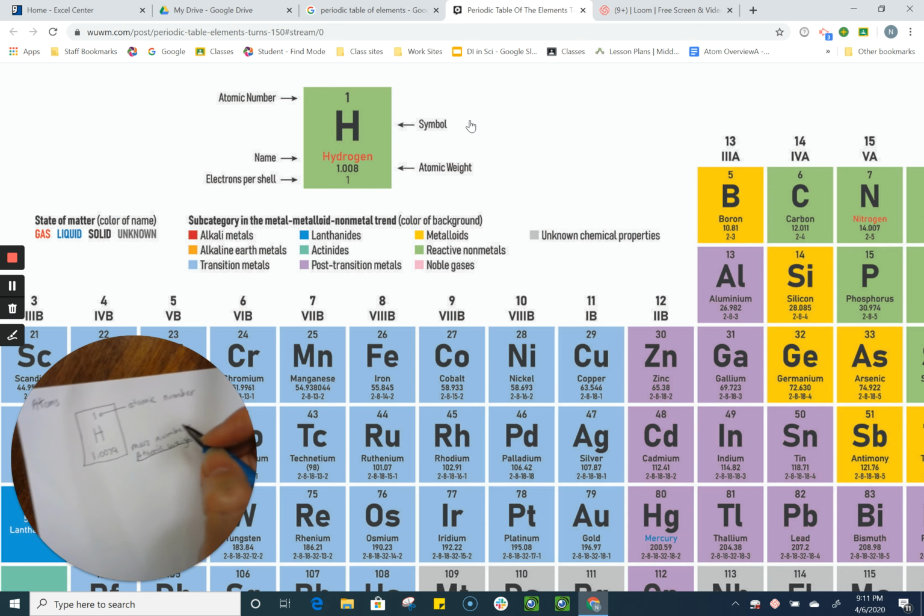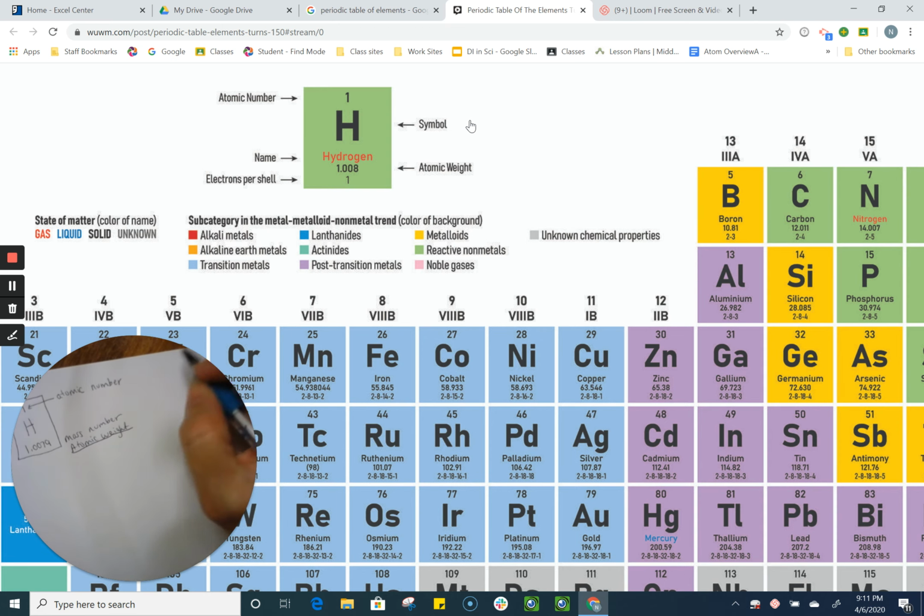So there are basically three common particles that we talk about with an atom. You've probably heard of protons. Protons, P, positive charged particles. And these particles are very tiny. Protons and neutrons are about the same size. Neutron is neutral, which means it does not have a positive or negative charge associated with it.